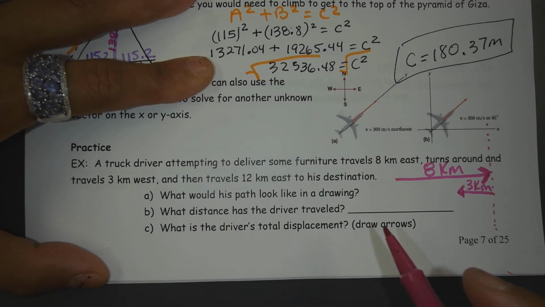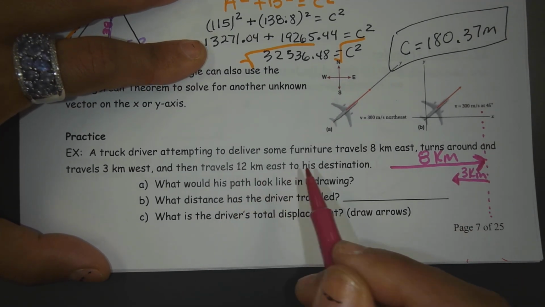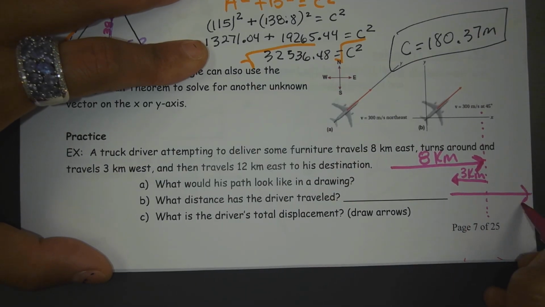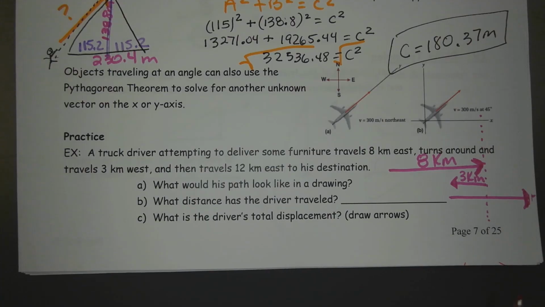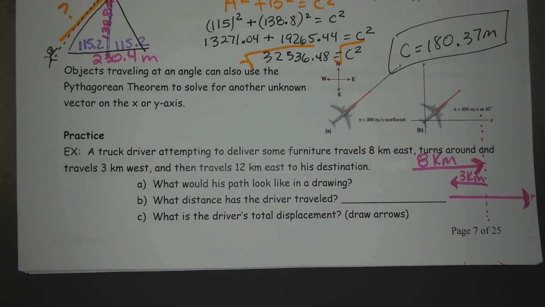Turn around, you got messed up on your GPS, go 12 kilometers east. Oh man. I hope you gave yourself more space. There. Okay, I feel better.